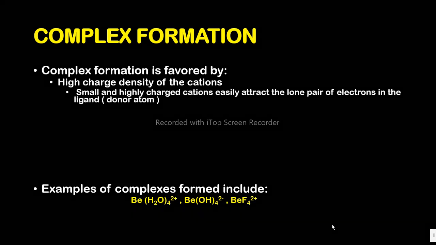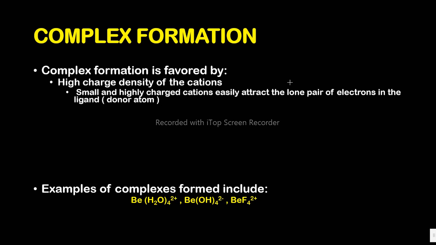Because if you compare its charge density or its polarizing power with other elements in group 2, it is high. For you to form complexes, you must have a high charge density to attract the lone pair of electrons in the other ligand.